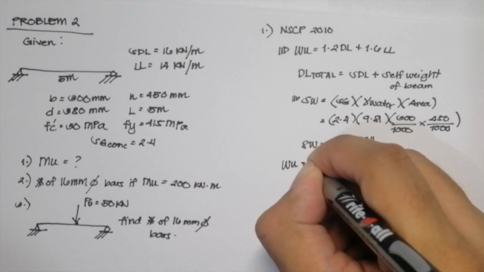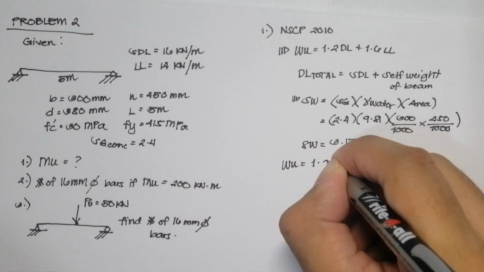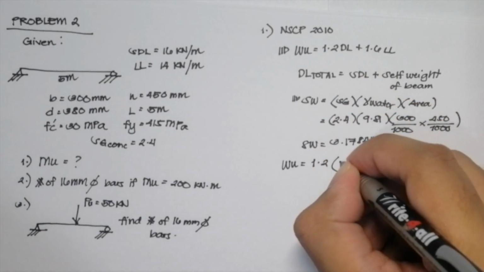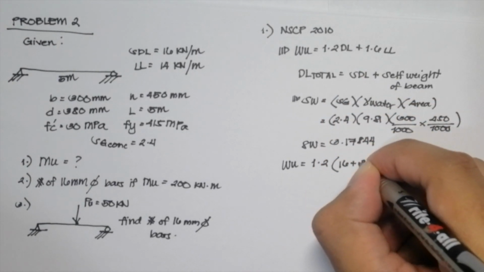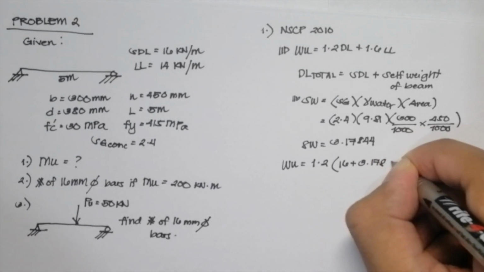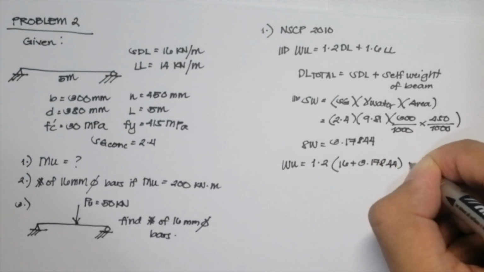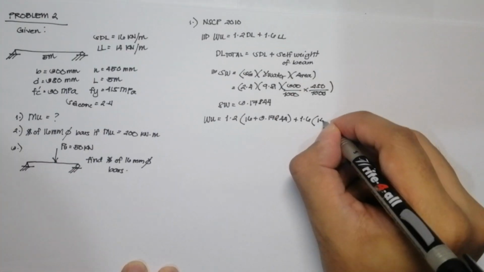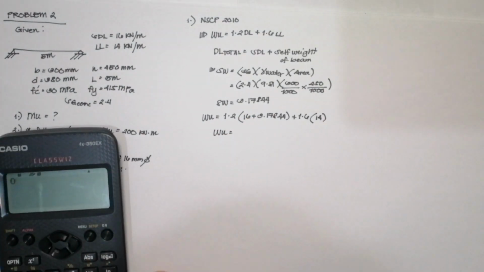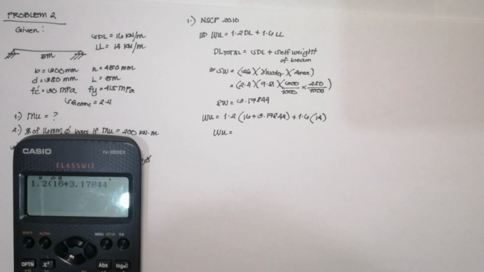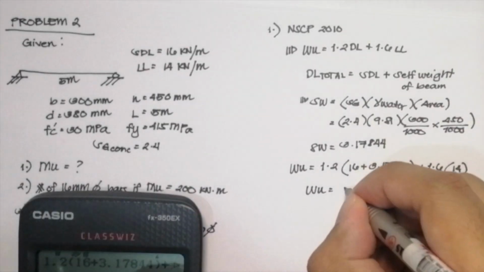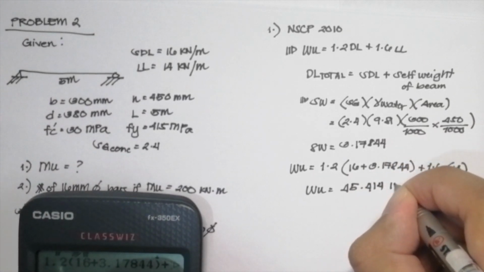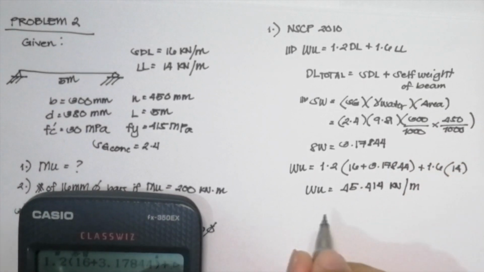So solving for our factored distributed load, 1.2 multiplied by our service dead load 16 plus the self-weight 3.17844 plus 1.6 multiplied by our live load 14 kilonewton per meter. So our factored distributed load or our Wu is equal to 45.414 kilonewton per meter.